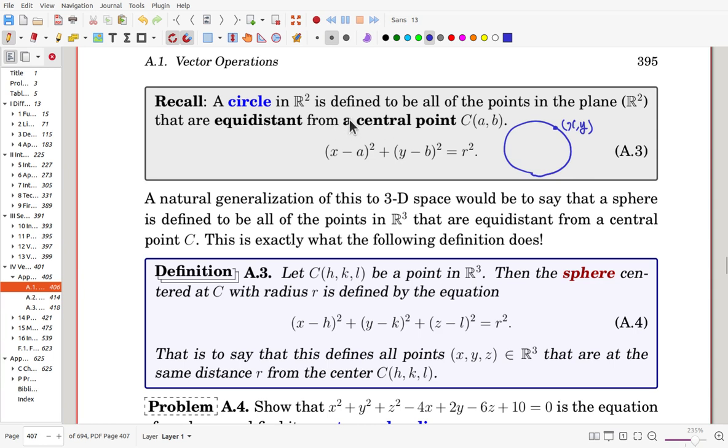Now, the circle is defined in this way, so that there is a center, that is a and b, and the distance from (a, b) to (x, y) is r.